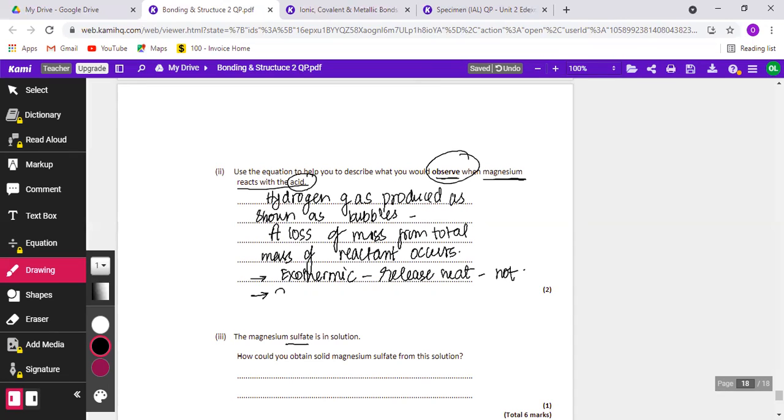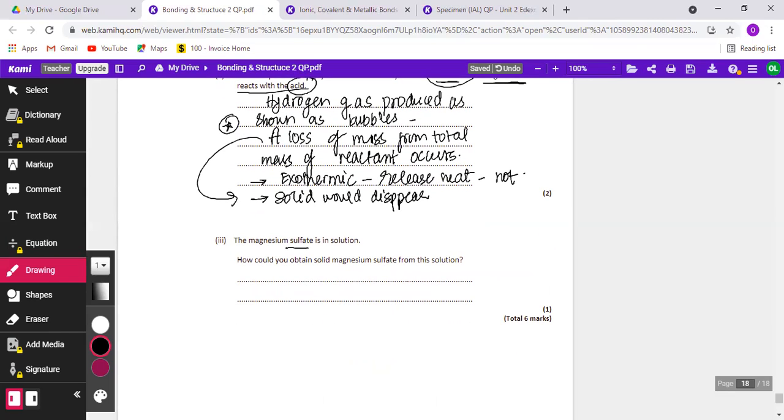Then you can say that the solid would disappear because magnesium would disappear. Solid would disappear. That would be the correct way to represent this point. So you can say that solid would disappear from the mixture.